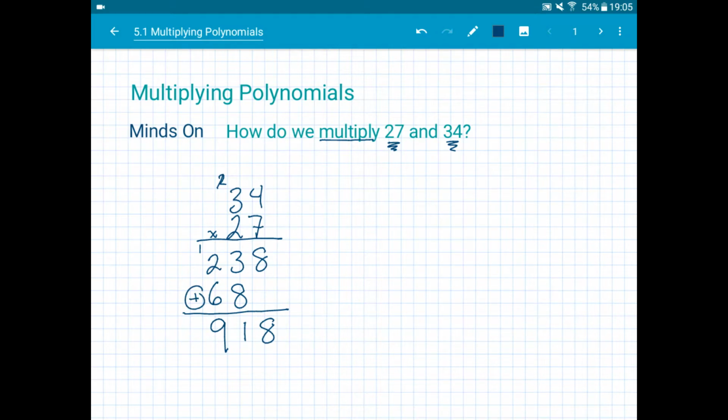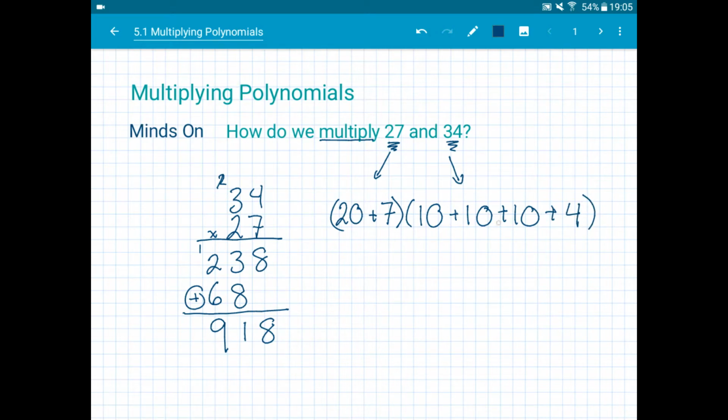So instead of doing that, let's think about what multiplication actually means. 27 is actually composed of 20 and 7. And I'm going to go even a step further and break down 34 even more. I'm going to do 10 plus 10 plus 10 plus 4.